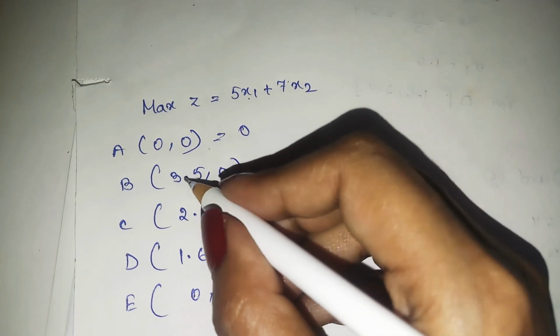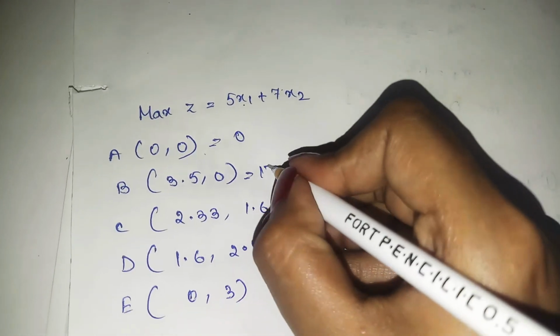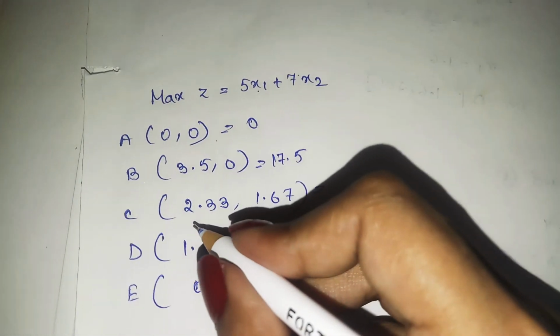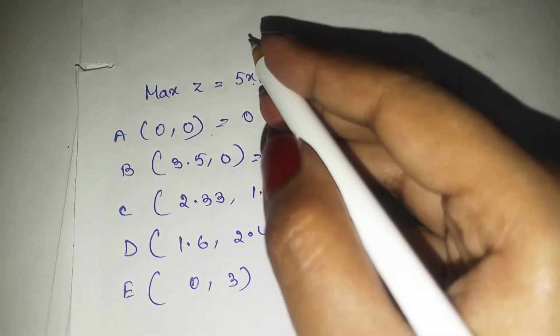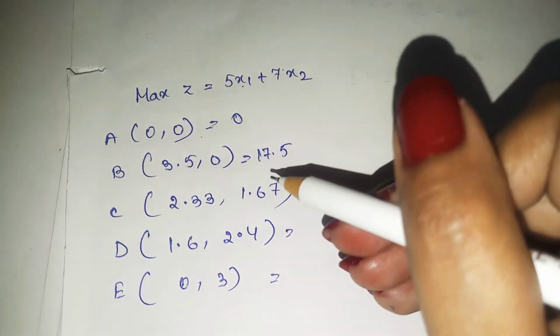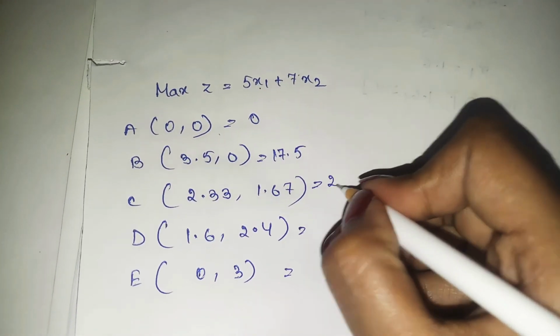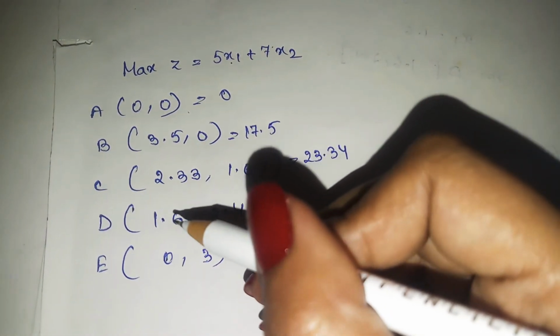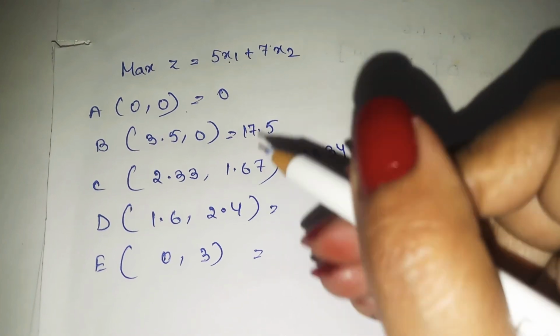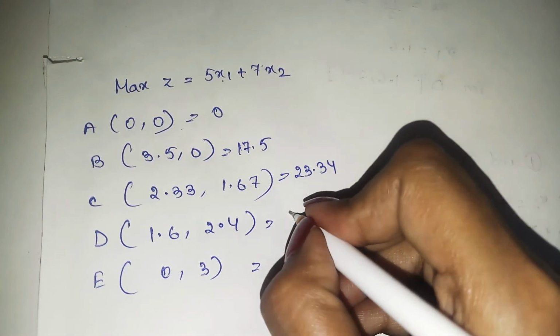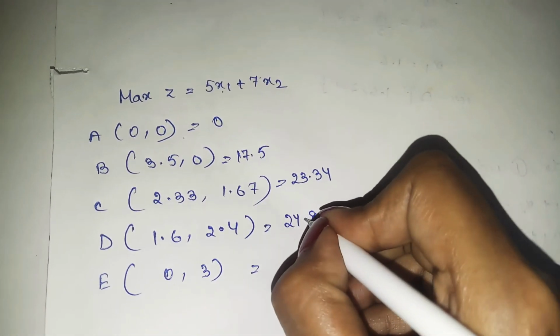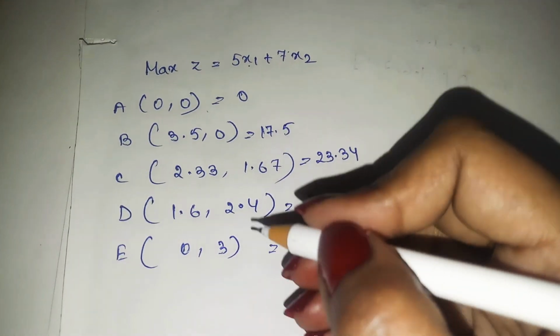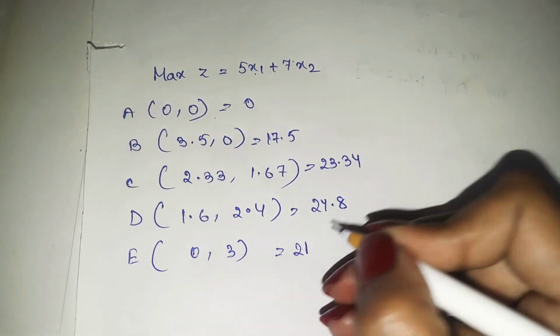For the second one, 3.5 into 5 is 17.5, and for C, that is 2.33 into 5 plus 7 into 1.67, we will get 23.34. For D, that is 1.6 into 5 plus 2.4 into 7, we will get 24.8, and 0 into 5 is 0 and 3 into 7 is 21.